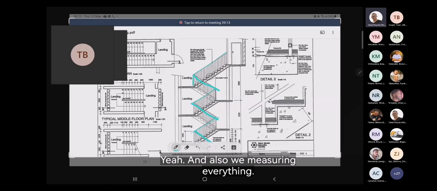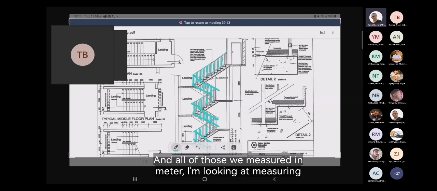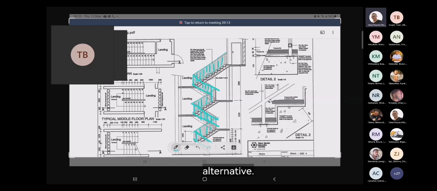I'll also be measuring everything vertical there, everything there, as well as down the bottom. We'll be measuring all of those, and all of those will be measured in meter. I'm looking at measuring all of those sections in meter that I have there. That will be alternative A.